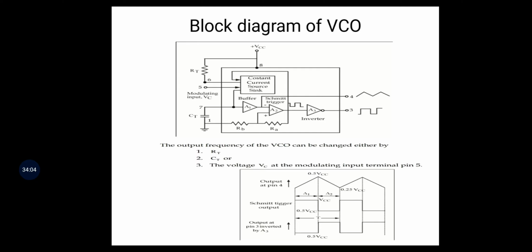So in the voltage controlled oscillator we get two waveforms. At pin 4 we get the triangular wave, and at pin 3 we get the square wave.